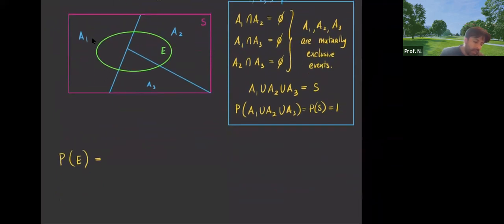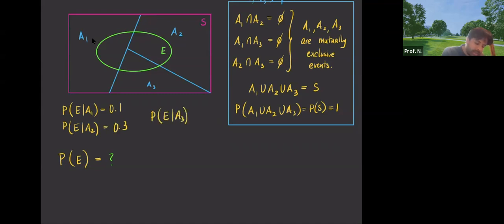And I don't know what the probability of E is, but what I do know is the probability of E given A1. For you guys, it will be different numbers. This is 0.1 for me. The probability of E given A2 is 0.3, and the probability of E given A3 is equal to 0.7.